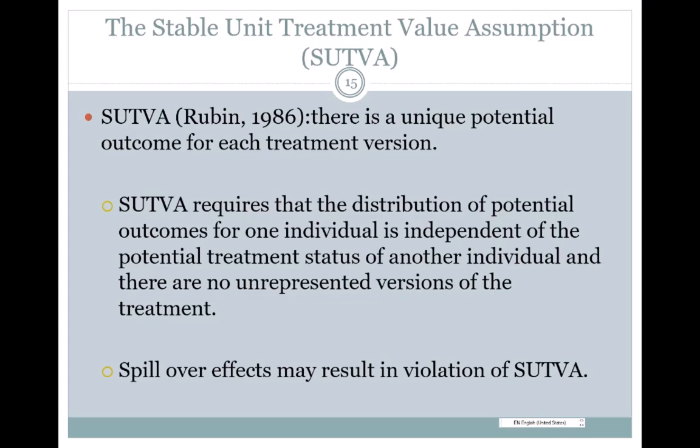So let's say there is a student in an elementary school that's receiving a treatment, one-to-one tutoring after school. And there is another student that's not receiving tutoring, so it's the control group. For SUTVA to be valid, the potential outcome should be independent of whether others are treated or not.